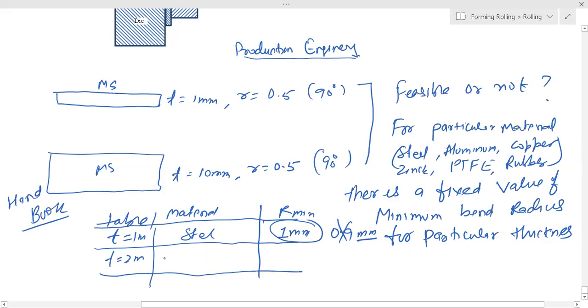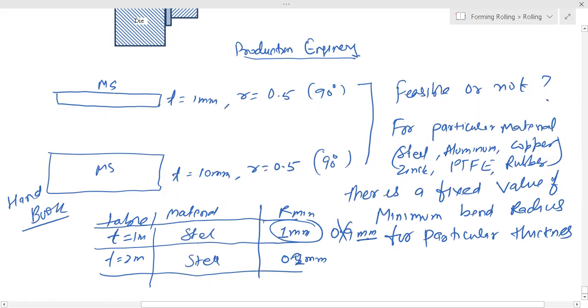Here thickness 2, there will be steel. Further, this will be 0.5 mm only because thickness has now increased. So minimum bend radius is fixed for a particular material and particular thickness. Higher the thickness, bend radius will be more, right?